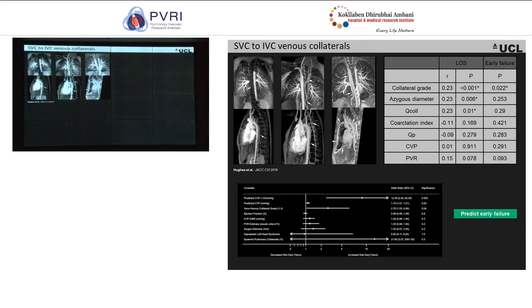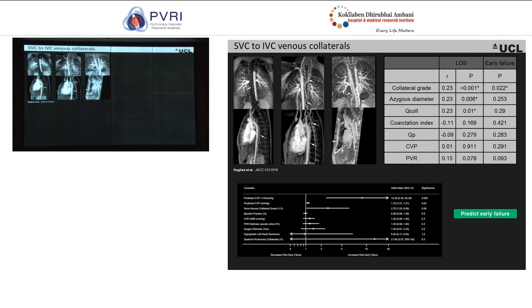What about the venous collaterals, which we see on angiography and which we believe are driven by pressure gradient, but also make assessment of the pulmonary hemodynamics difficult because they offload the vascular bed, so you can have an artificially low pressure even with elevated vascular resistance.